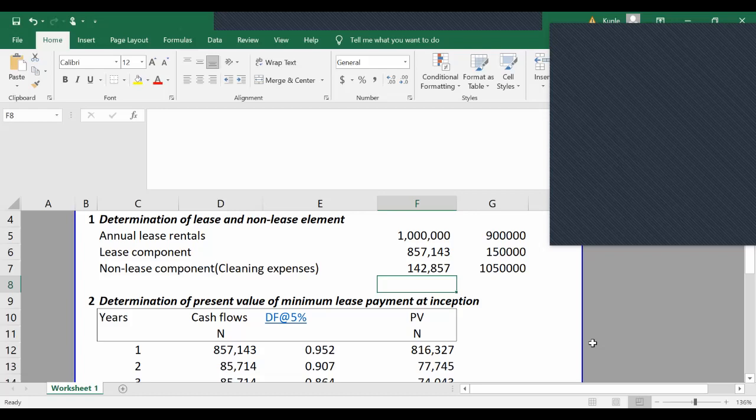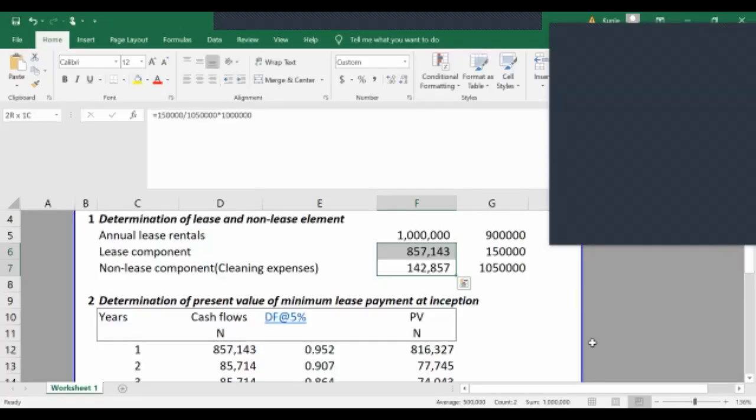So if you add the 142,000 with the 857,000, you will have the 1 million naira. Remember, we said earlier in our presentation that the non-lease component will be accounted for separately as far as IFRS 16 is concerned.